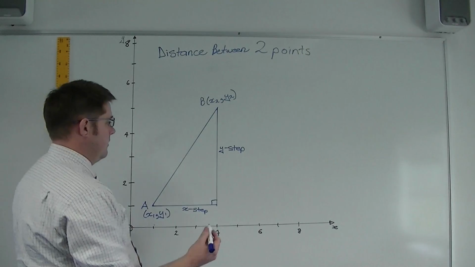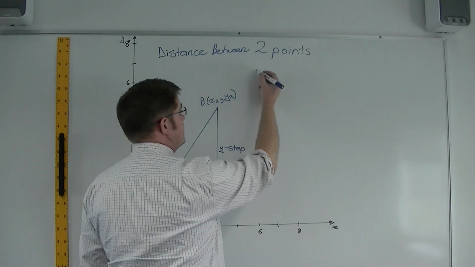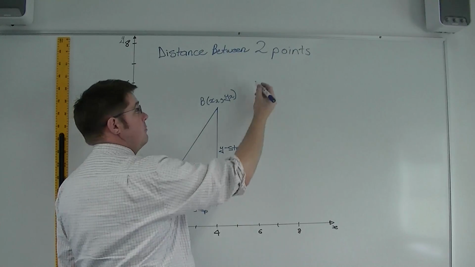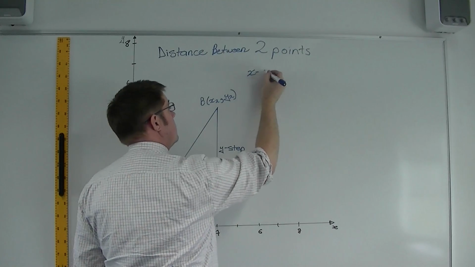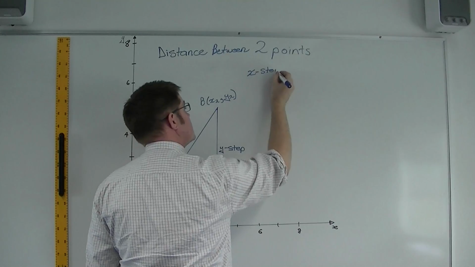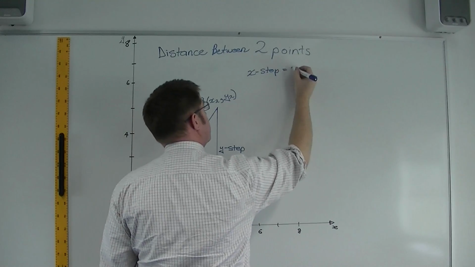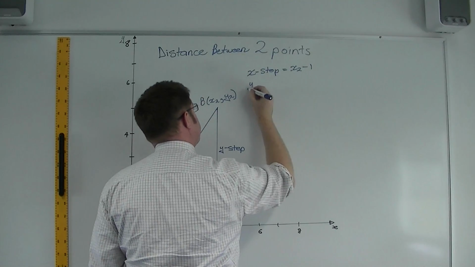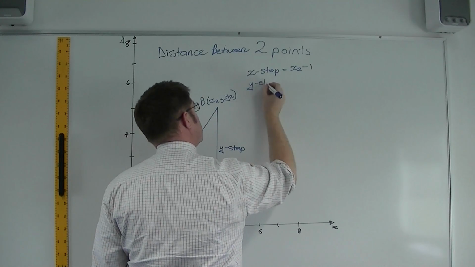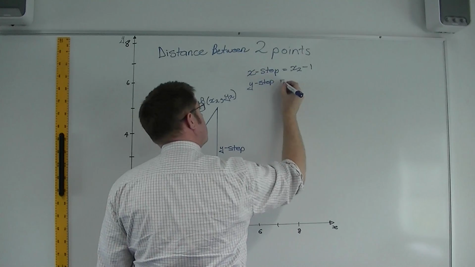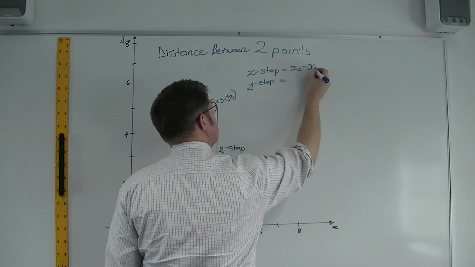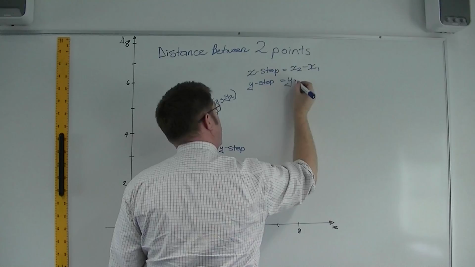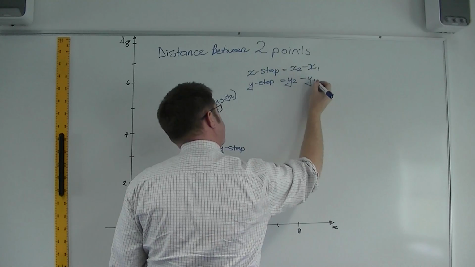If I were to write an algebraic expression for the x step, I have x step equals x2 minus x1, and similarly for the y step, I have y2 minus y1.